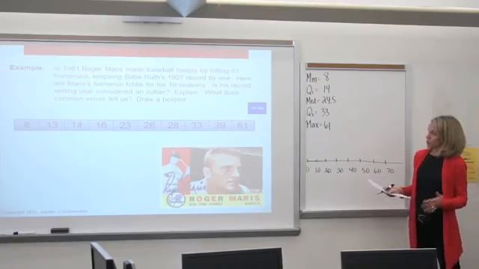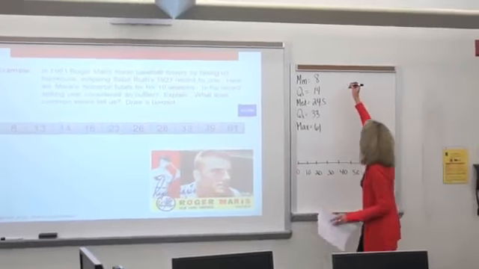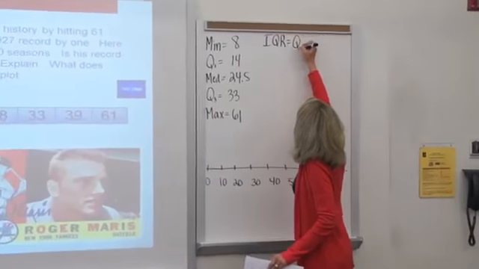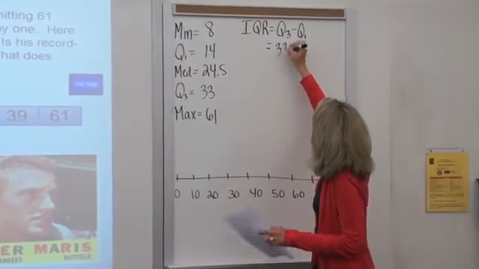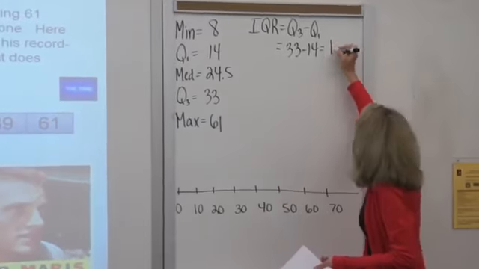Okay, we're predominantly interested in if that 61 is an outlier. So I'm going to go right to the computation of fences. We need the IQR. If you look at the difference in the quartiles, the interquartile range for this data set's 19.